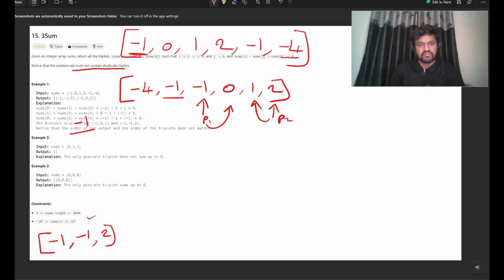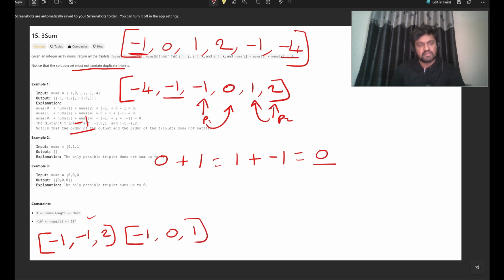When I move p1 and p2, p1 gives 0 and p2 points to 1, so the answer is 1. When I sum it with the static value, minus 1, finally I get 0. I got a 0. Now write down that value, minus 1, 0, and p2 points to 1.